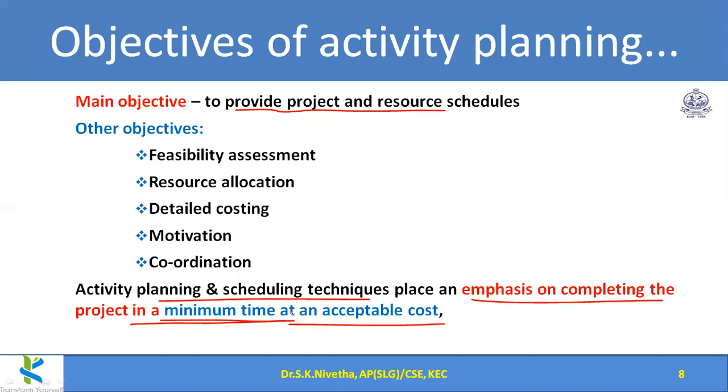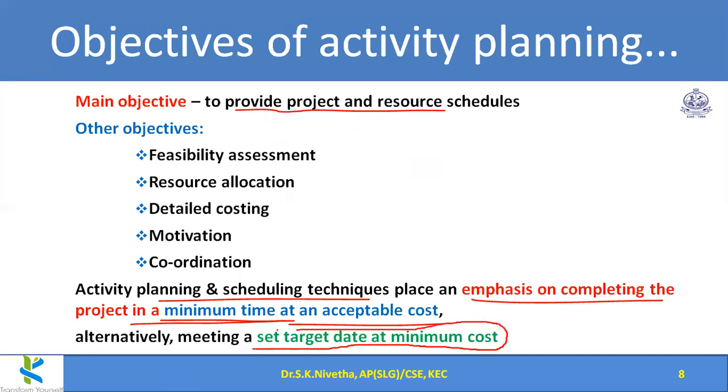If planning was not clear, all these will go beyond that. Time will overlap, cost will go beyond that, so everything will happen. Or we can say a set target date can be achieved successfully at a minimum cost. In that way also we can assume if detailed activity planning is there.